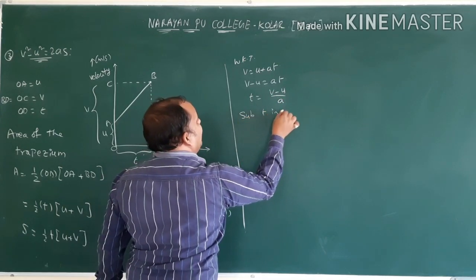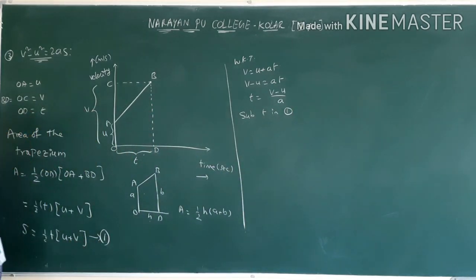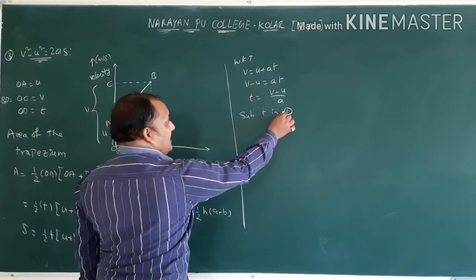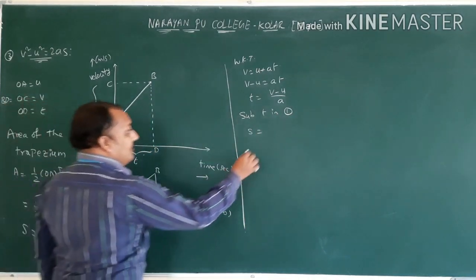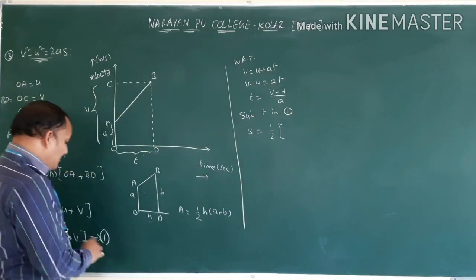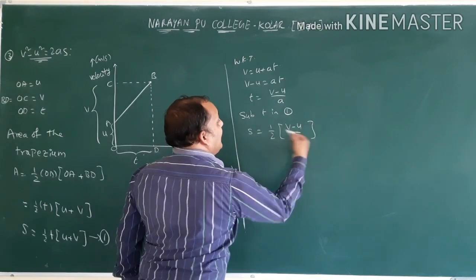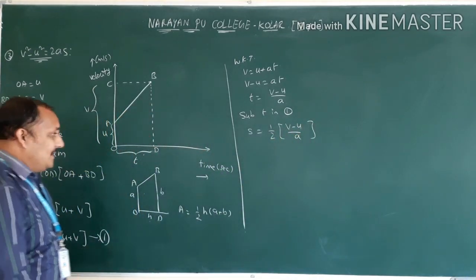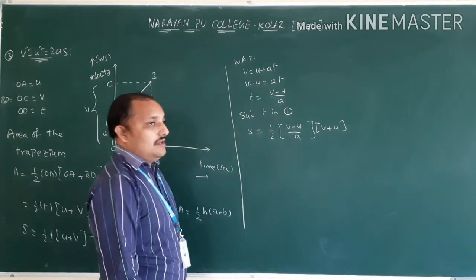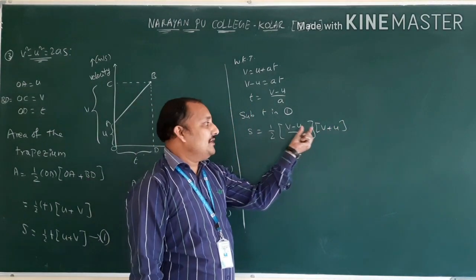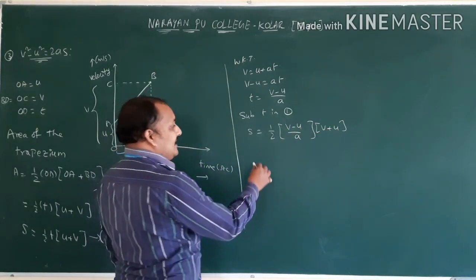Substitute T in equation number 1. Let us assume this is equation number 1. So S is equal to half of T into (U plus V), and T is (V minus U) by A, and again (U plus V). Already you know from mathematics, (A plus B) into (A minus B) can be written as A square minus B square.